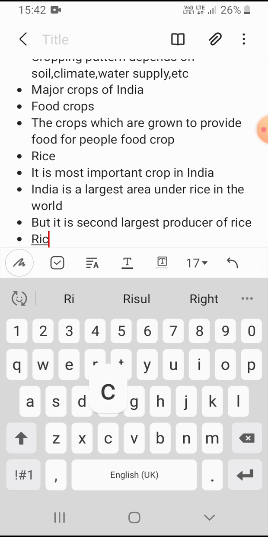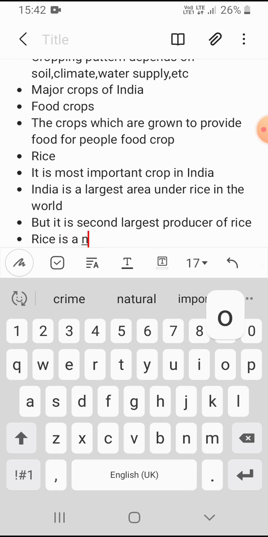As you know, rice is a major kharif crop.